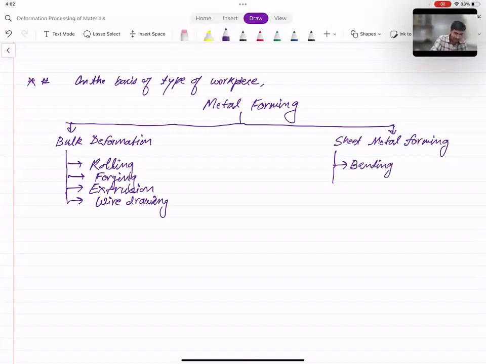Bending is a type of sheet metal forming operation. Bending, then cup drawing or deep drawing.